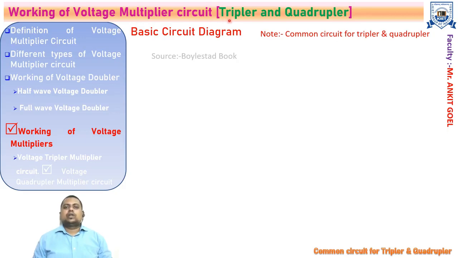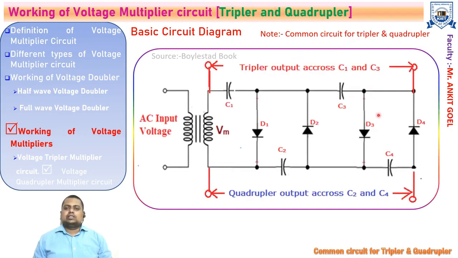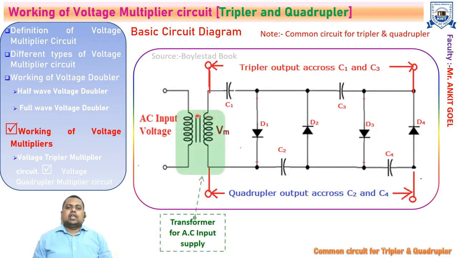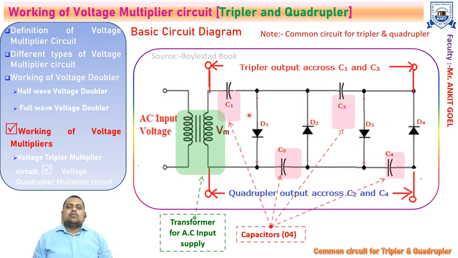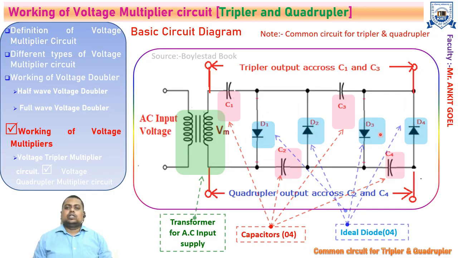They are basically of two types: voltage tripler and voltage quadrupler. Basically, the circuit for understanding the working of both tripler and quadrupler is common. So the basic circuit diagram can be given as here, in which we have the AC input supply which is given through the transformer, and we have the four capacitors C1, C2, C3 and C4, which have very high time constants, and we have the four diodes D1, D2, D3 and D4 arranged in this fashion, which are treated as ideal diodes.